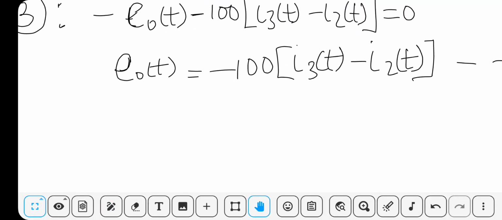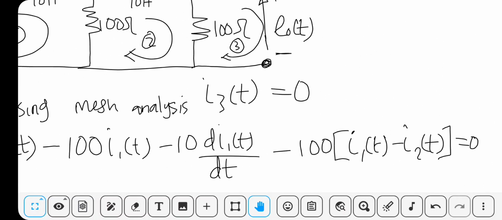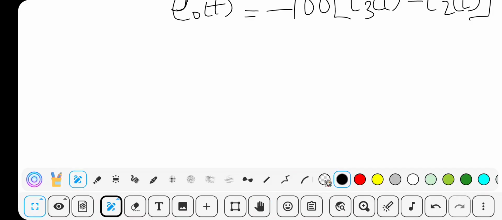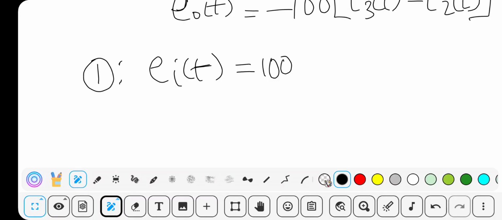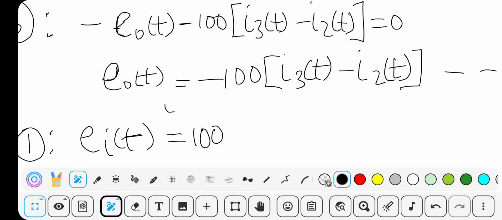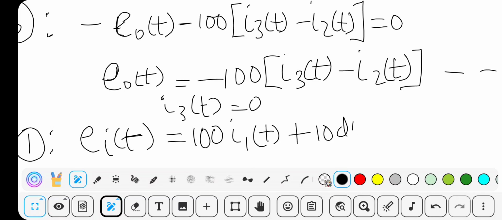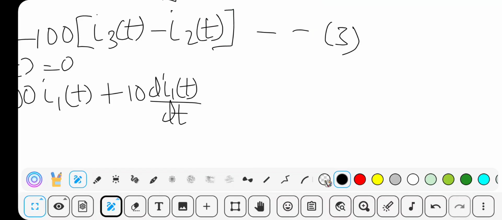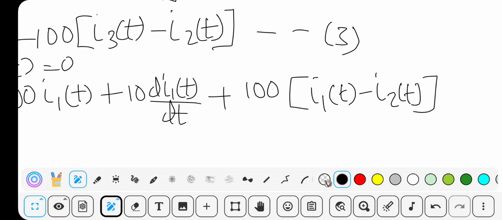Now we know that I3(t) is equal to 0. So the new set of equations: for equation 1, writing I3(t) equal to 0, this will be the source voltage plus 10 dI1(t)/dt plus 100 times I1(t) minus I2(t).